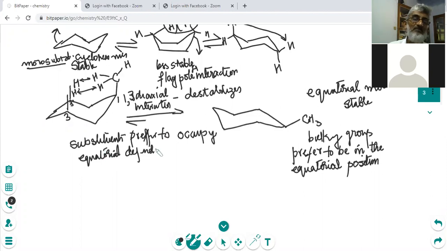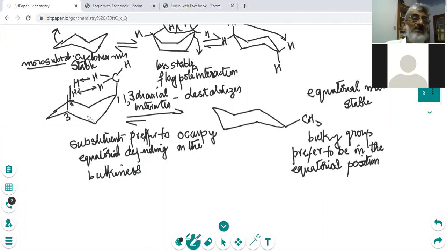The bigger the group, the more it will prefer to occupy the equatorial position.